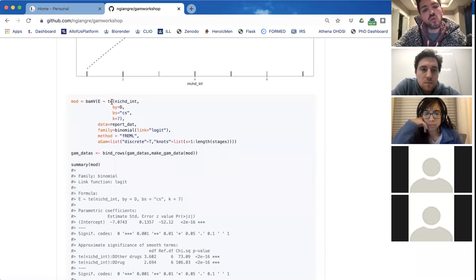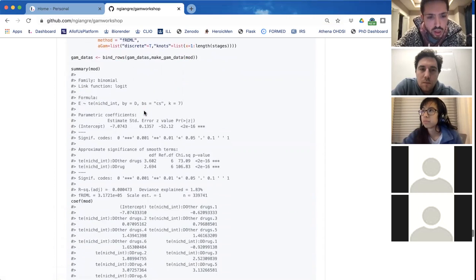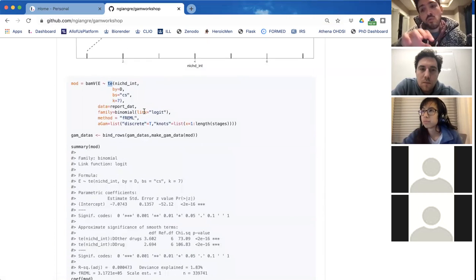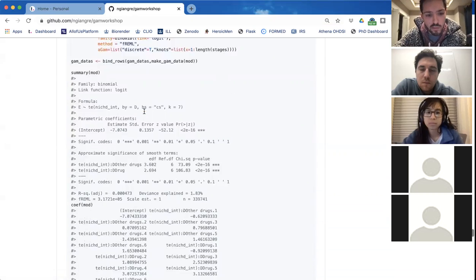And then you also do a different interaction. So before I used a spline, now I'm using a tensor effect. This doesn't assume that there's a dependence among the stages.